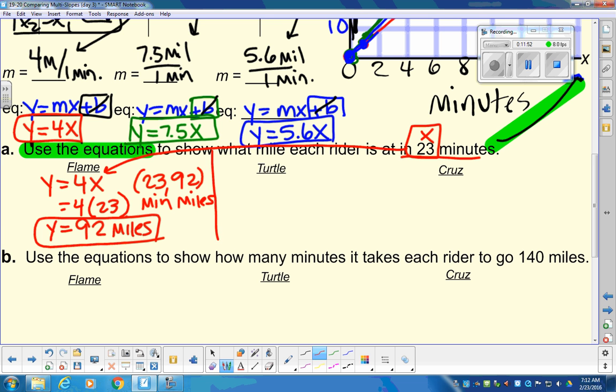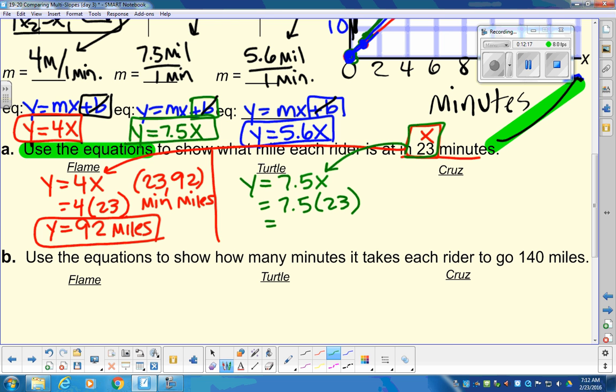Let's do the same information for Turtle. Again, if I'm going too fast, go ahead and pause that video. All right, for Turtle, we have y equals 7.5 multiplied by x. We want to know how far Turtle has traveled in 23 minutes. We're going to take that x value of 23 and substitute in for the x. So we have 7.5 multiplied by 23.